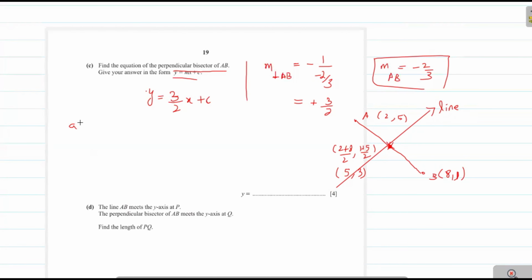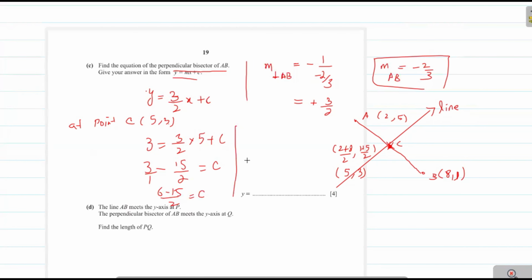We name it point C, (5, 3). Therefore 3 equals 3 over 2 times 5 plus c, and we can write 3 minus 15 over 2 equals c, which is 6 minus 15 over 2, equal to minus 9 over 2.